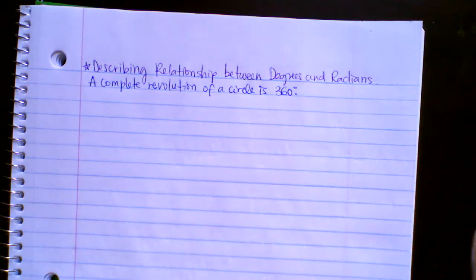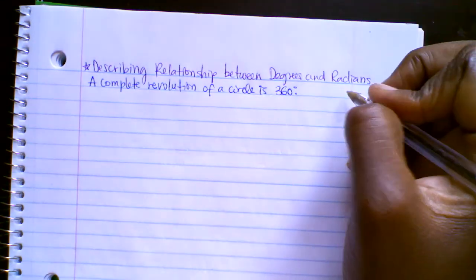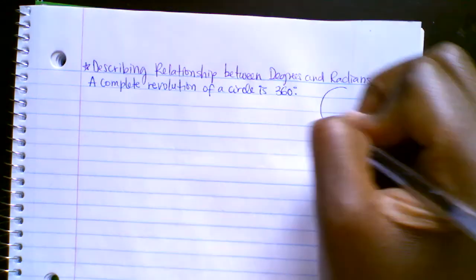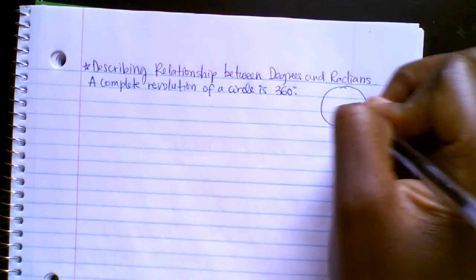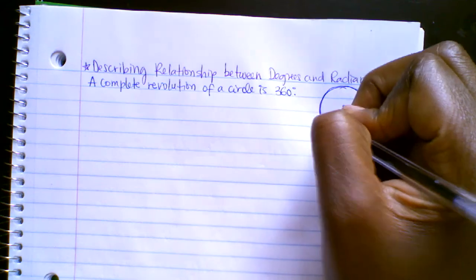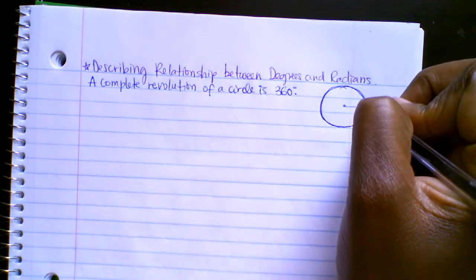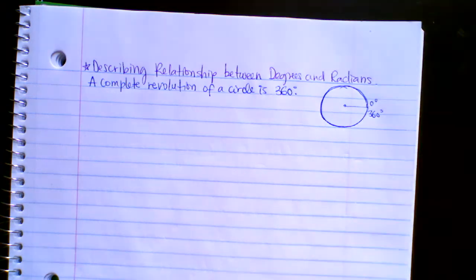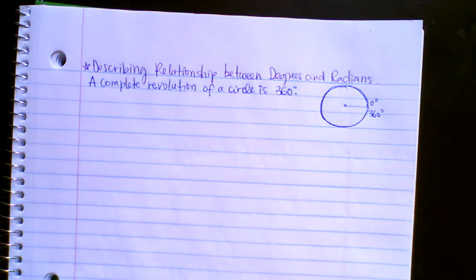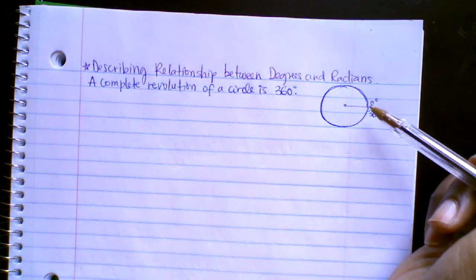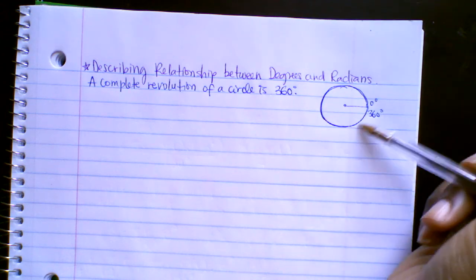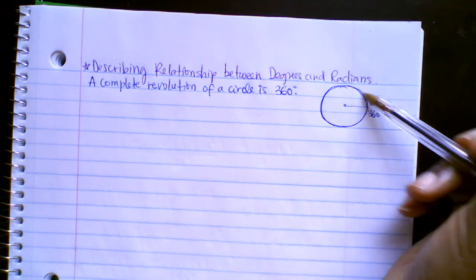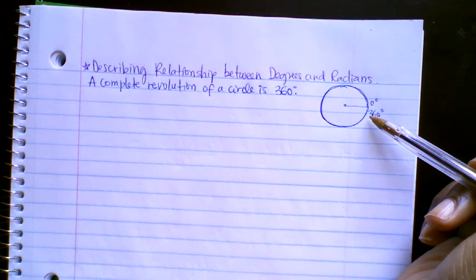So a full rotation in degrees. If you are given a circle, a full rotation or a full revolution is 360 degrees. Now, we also want to find out what a full revolution is in radians.